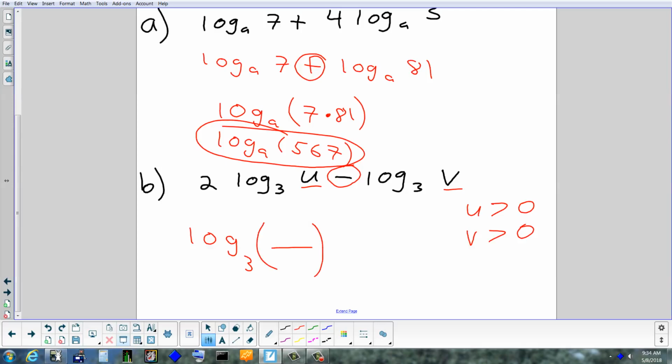Put the exponent back where it goes, right there. So that tells you what's in the top is u squared. And now the bottom, there's nothing you have to move back in front. So the bottom of my fraction would just be v. And that's it. So log base 3 of u squared over v. Any questions on that one?